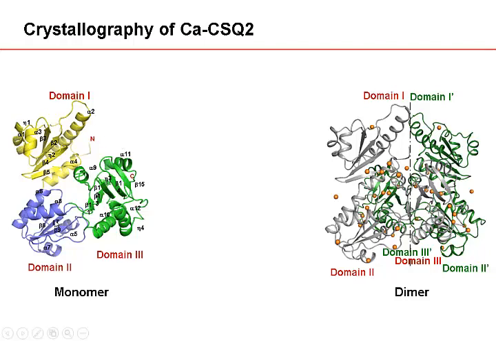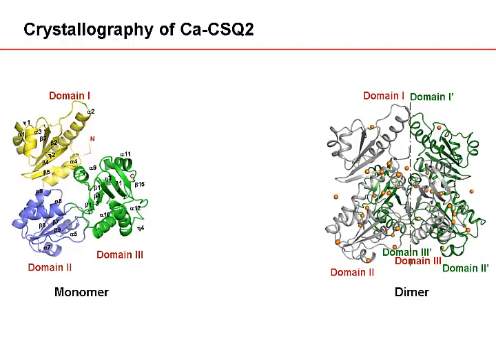In the monomer of CSQ2, there are 3 thioredoxin-like domains which are shared in common with all CSQ structures. All the CSQ2 molecules existed in dimers in the crystal. The unique feature of our structure is that we identified 36 metal ions assigned as calcium ions based on the anomalous density map and the condition of crystallization.